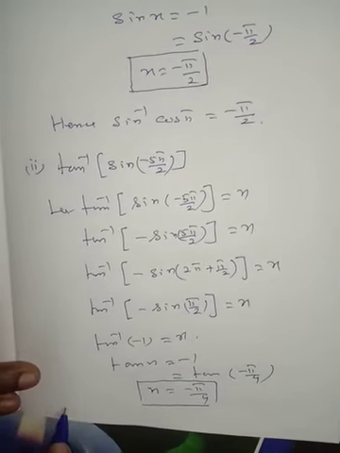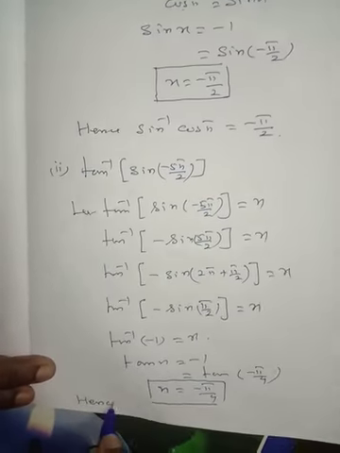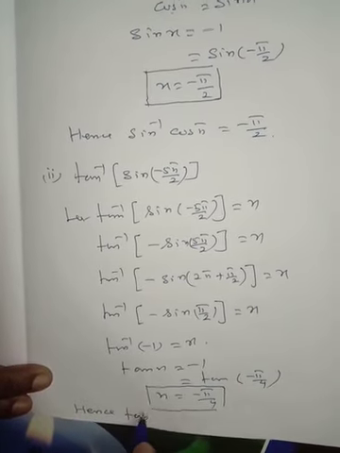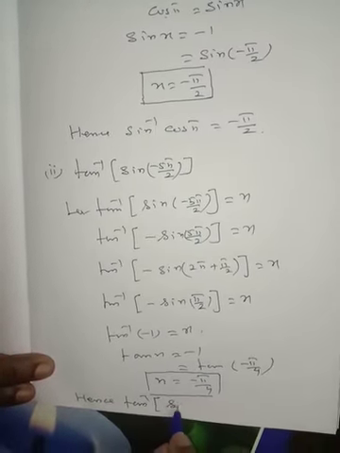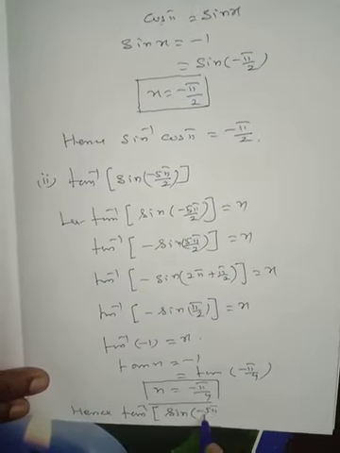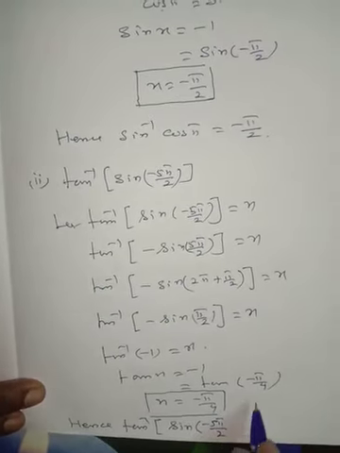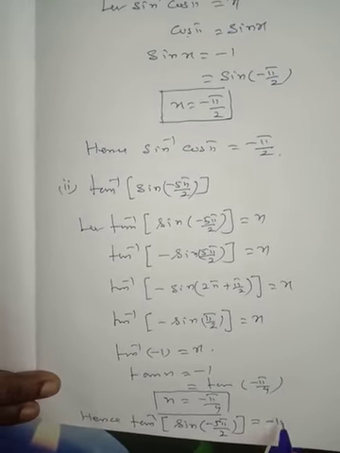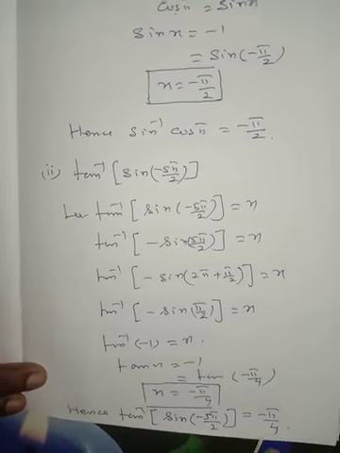Hence tan inverse of sine of minus pi by 2 is equal to minus pi divided by 4. This is the answer.